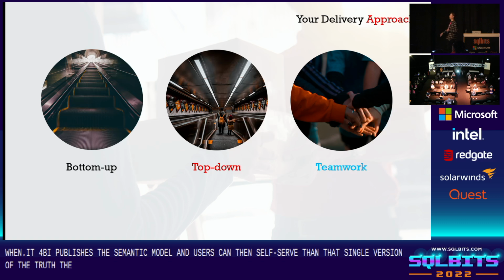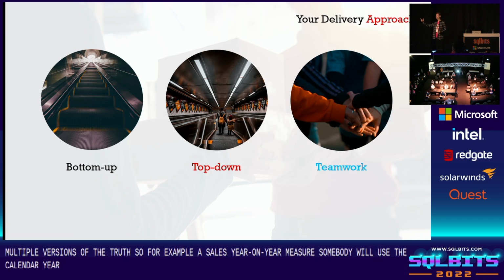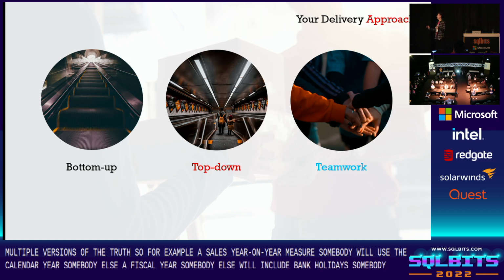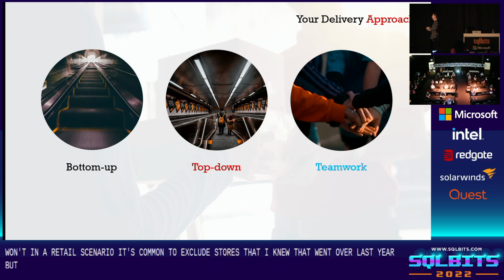The problem in that bottom-up left-hand approach is you're going to end up with multiple versions of the truth. So, for example, a sales year-on-year measure. Somebody will use the calendar year, somebody else the fiscal year, somebody else will include bank holidays, somebody won't. In a retail scenario, it's common to exclude stores that are new, that weren't open last year and open this, or were open last year and closed this.